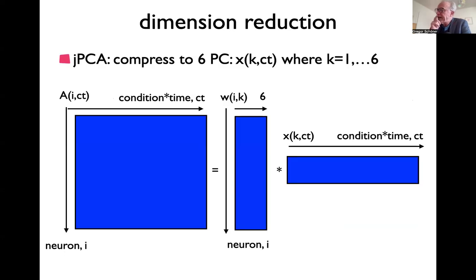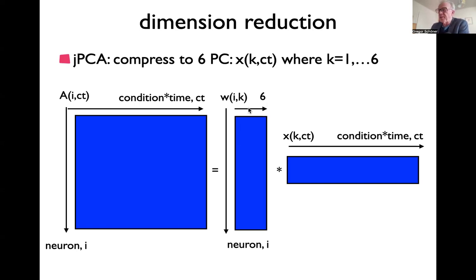So they decompress that, reduce the dimensionality with a technique they call jPCA, which is a variant of PCA with some special stuff that I'll gloss over. So they are actually imposing that there are only 6 PCs here. And again, they study how much variance is accounted for. And 6 is good.